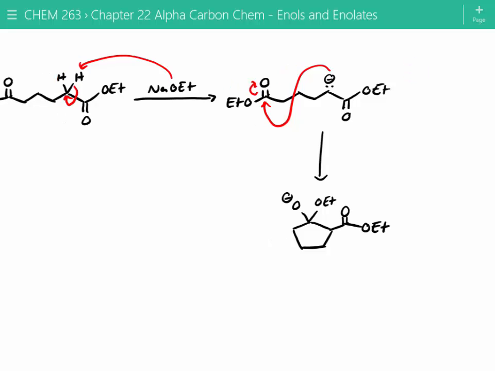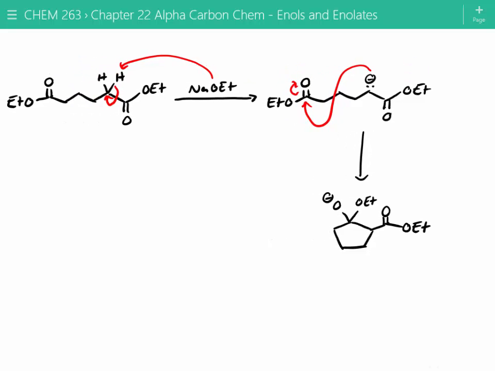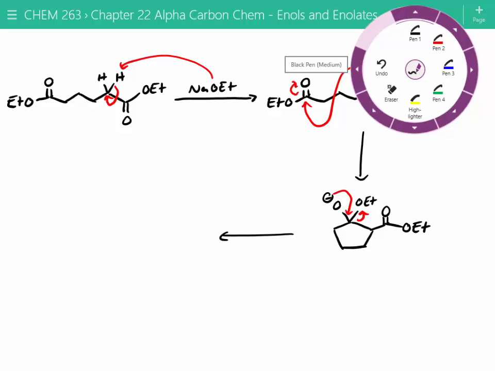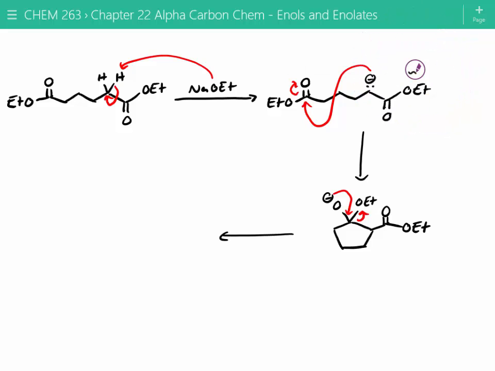And then what's the next step? We can shove off the leaving group right next to it. So this was an example of the Dieckmann cyclization.